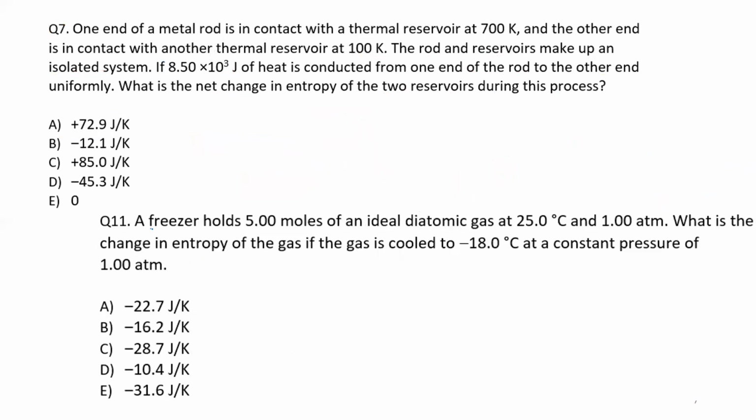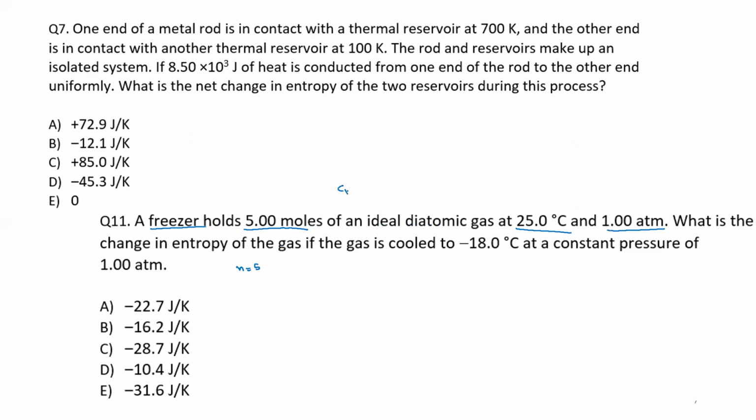Now we have a freezer which holds N equal to 5 mol of an ideal diatomic gas at 25 degrees Celsius and under 1 atmospheric pressure. So I have an ideal diatomic gas.